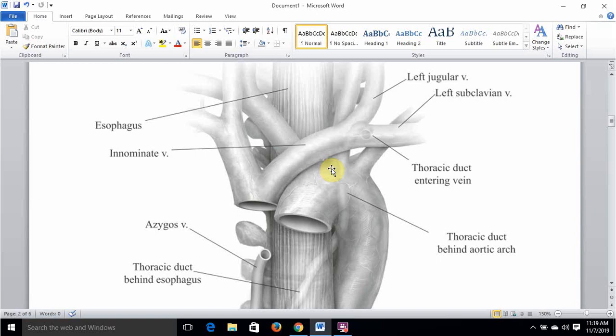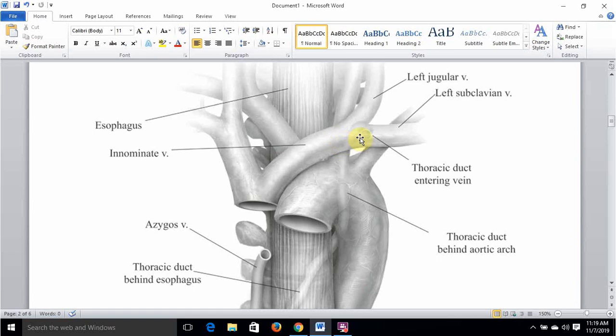This is very difficult. These relations are very difficult because at this point, what are the anterior and what are the posterior relations? Anteriorly, we will have the left internal jugular vein and the left common carotid artery.